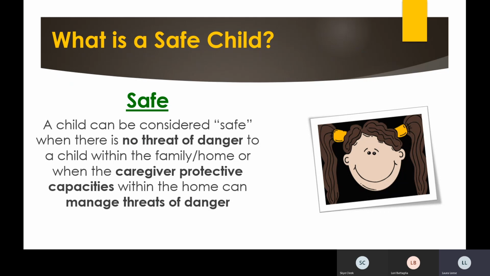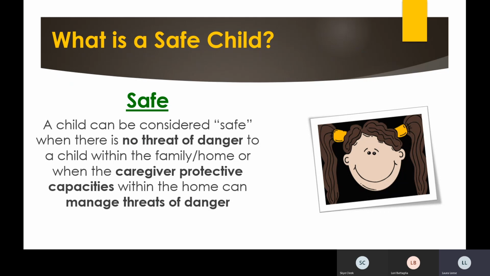So you get a general idea that safe doesn't necessarily mean that there are no dangers out there. It just means that the caregivers who have the children have those protective capacities to ensure their safety. Now, again, that was a non-child welfare example, but I did want to give you an example so you can see what safe might look like.